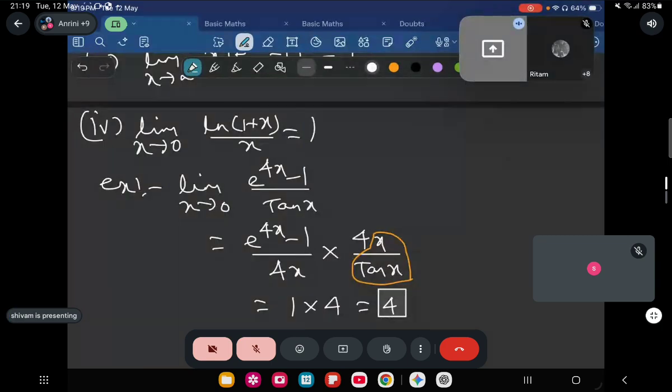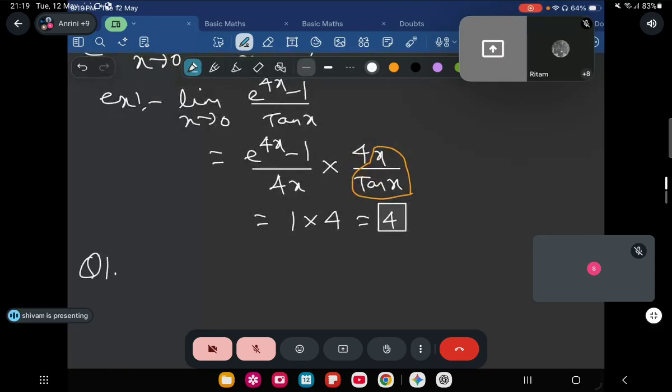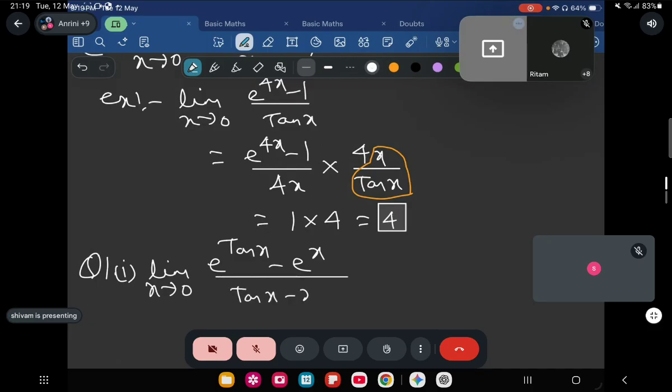Okay, next. So everyone, let us do some problems. Question number 1, part 1. Limit x tends to 0, (e to the power tan x minus e to the power x) upon (tan x minus x). Solve. Part 2.